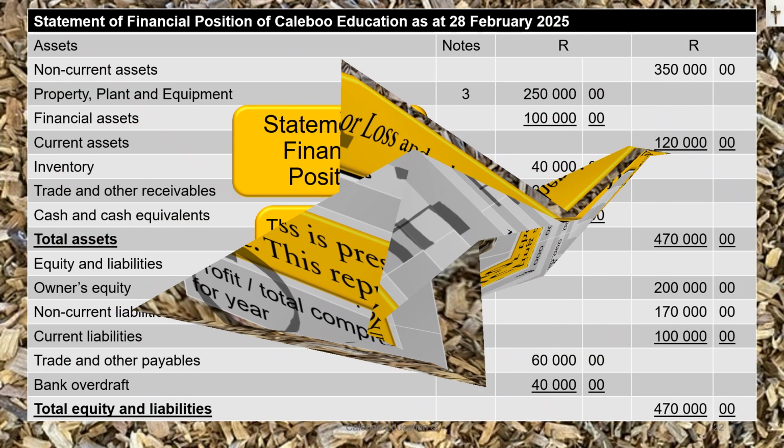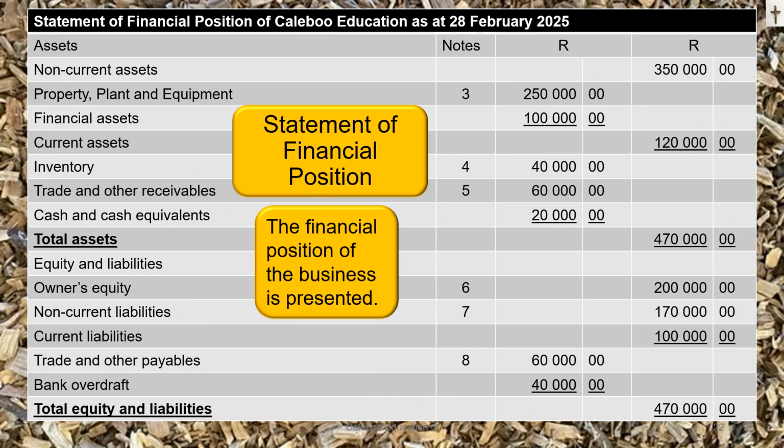And then we have a statement of financial position. So what will happen is, included in the owner's equity will be the profit from the income statement, and in this document you're going to have assets, this is magic, is equal to owner's equity, that's an O, plus liabilities, and that is your accounting equation.